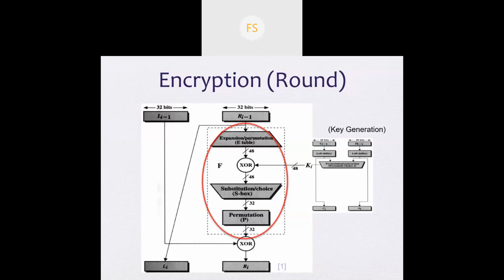But if I ask you during the exam what is the difference between DES and the Feistel block cipher in the round itself, just answer the difference on the function itself. It's fixed. Some cryptography classes don't really focus on the Feistel block cipher, but my aim is to focus on it.